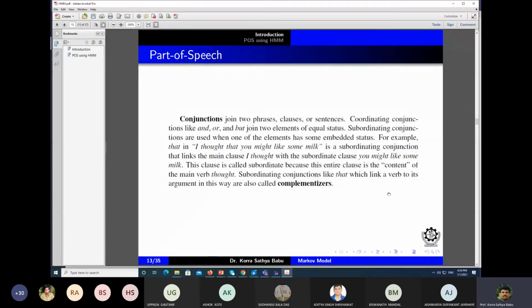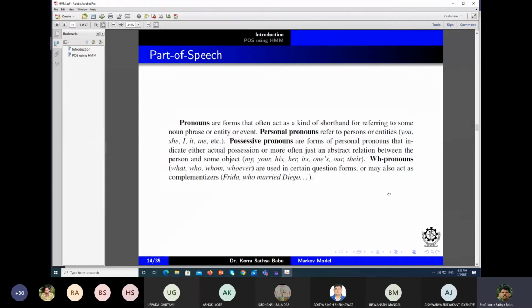Be is called a copula because it connects subjects with certain kinds of predicate nominals and adjectives. He is a duck. I have given the examples also here. Okay, he is a duck. Is is a copula verb here.